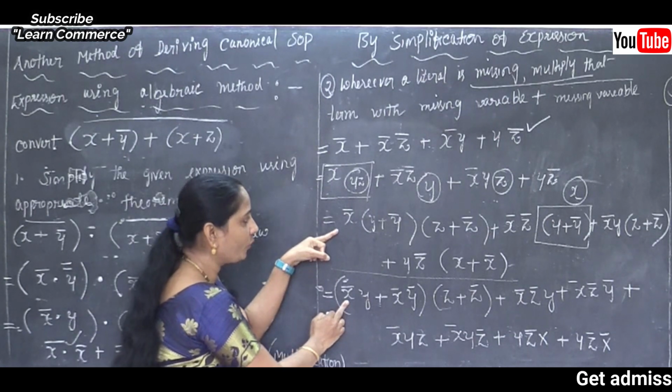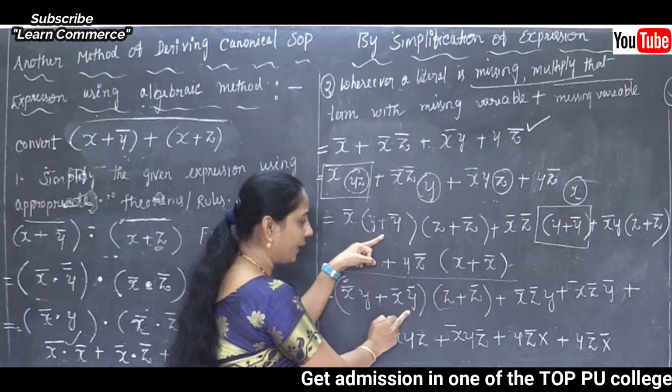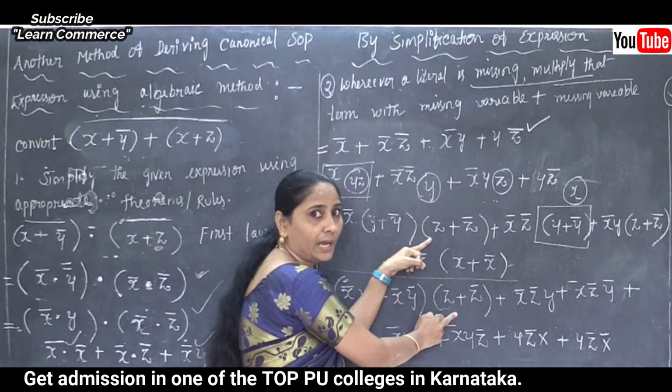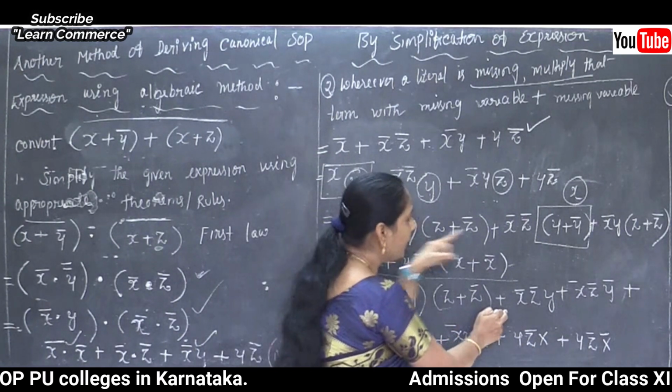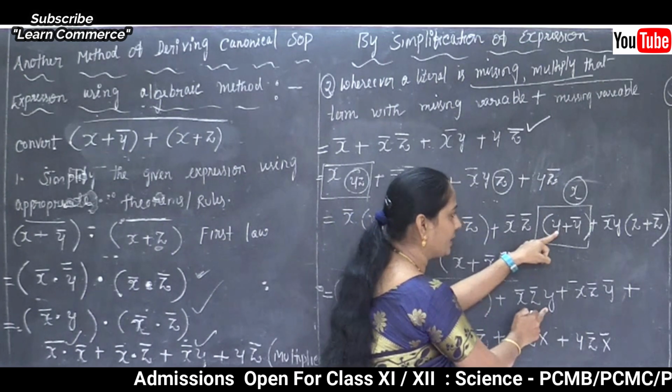So complement of x, y plus complement of x, complement y, and later the next one z plus complement of z as it is. We know that we completed the first example also with the same rules here. Plus the next one, complement of x, complement z, and later the next one is y.